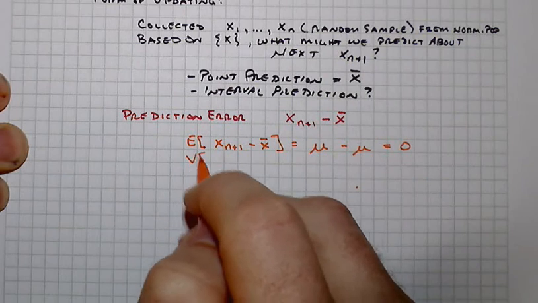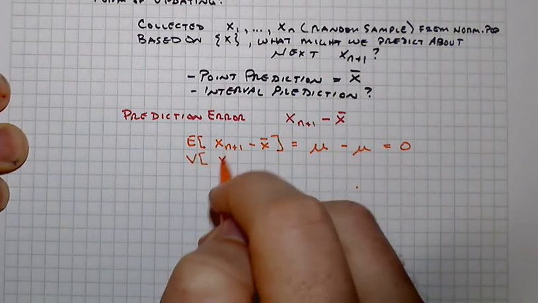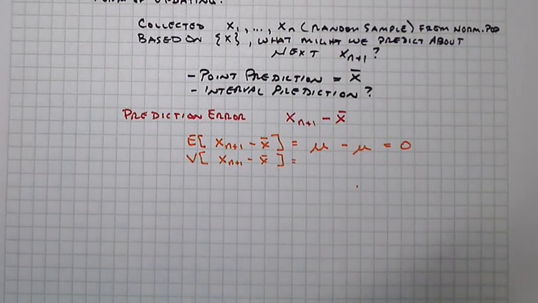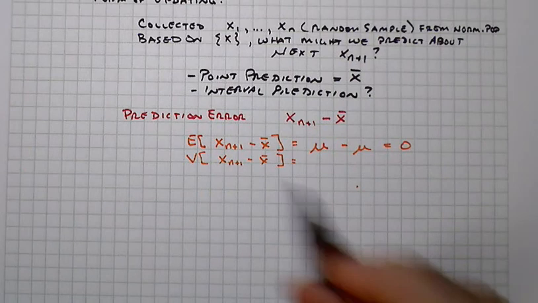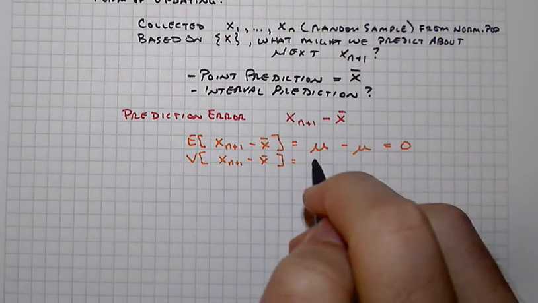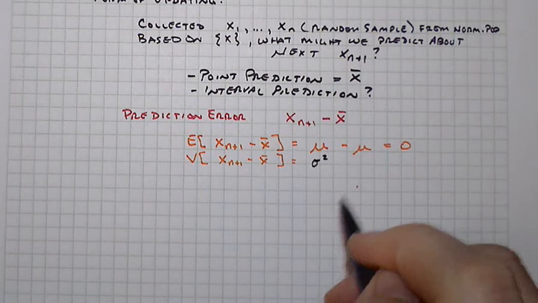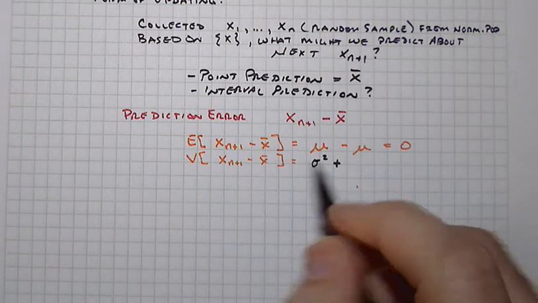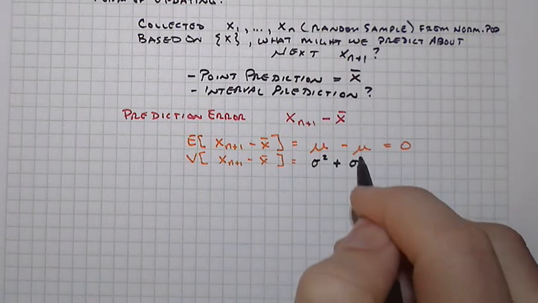And then ask the question, what's the variance of the error? A variance of a sum is equal to the sum of the variances if they're independent, meaning the covariance is 0. And of course the minus sign goes away for us. So the variance of x n+1 is just going to be the population variance, and the variance of x bar, remember, is the population variance divided by n.